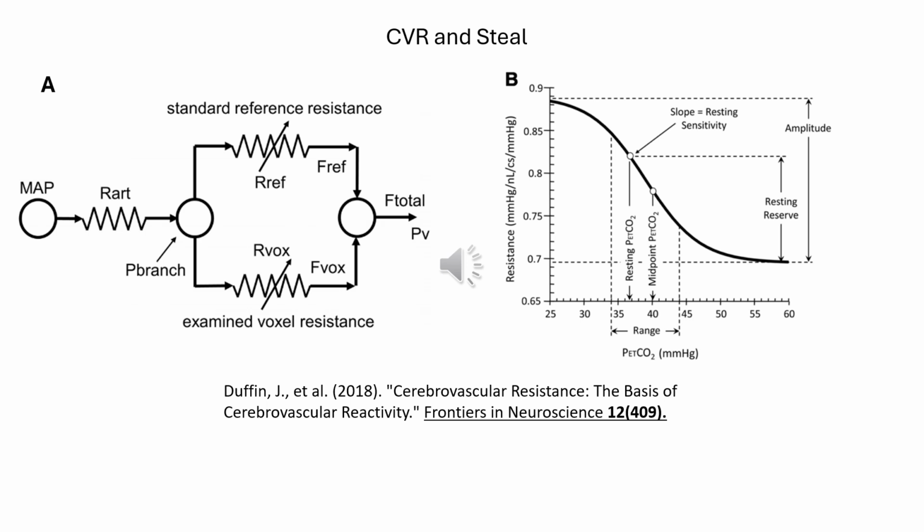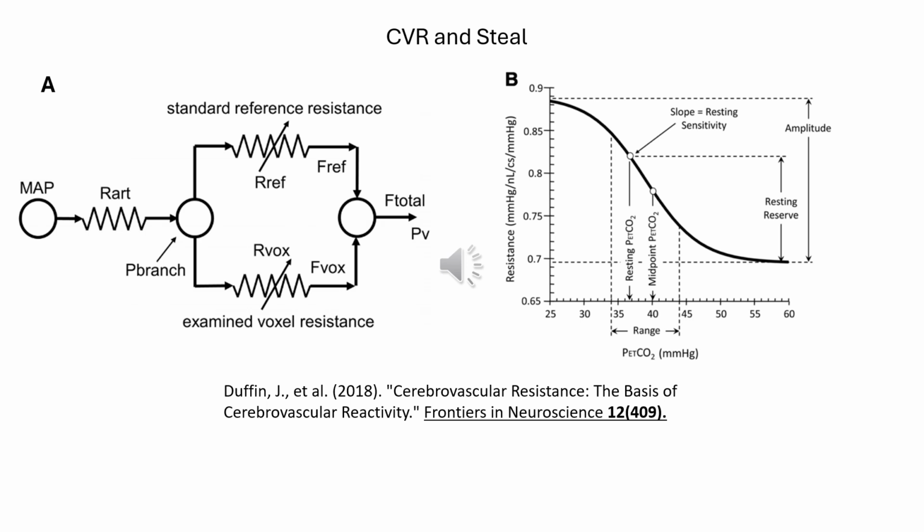To explain the origin of nonlinear responses from such interactions, the Farachian-Heisted model is extended, as outlined in A, with branch resistances that vary sigmoidally with CO2, as shown in B. As before, mean arterial pressure, MAP, produces a flow through the supply arteries with resistance R-art to two branches with voxel and reference resistances.